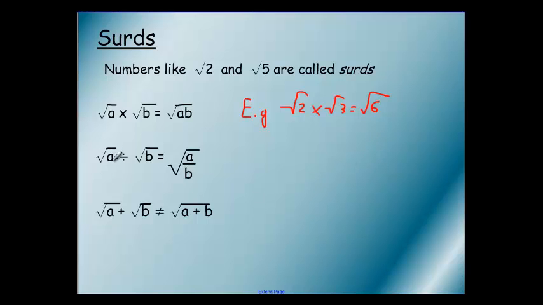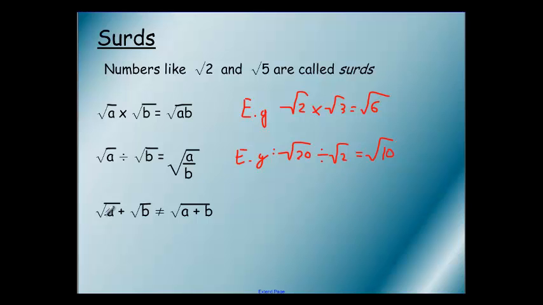Similarly, if we divide two surds, the answer is just the square root of the numbers divided. So for example, the square root of 20 divided by the square root of 2 is just the square root of 10.